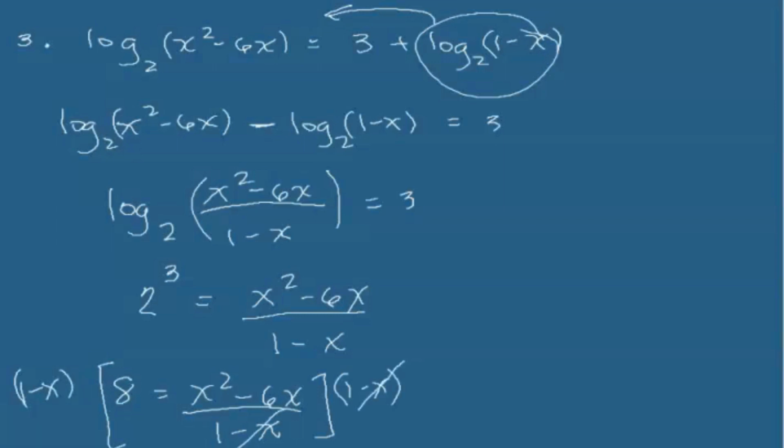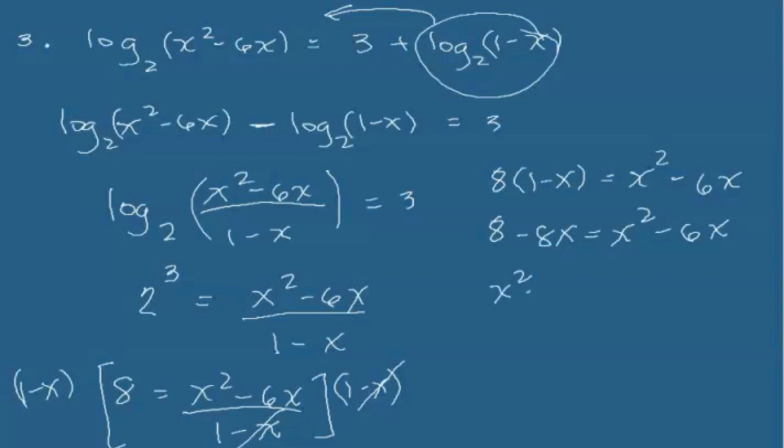Okay, or cross multiply. So you will have 8 times 1 minus x is equal to x squared minus 6x. And then let's combine everything and equate to 0. So this would be 8 minus 8x is equal to x squared minus 6x.